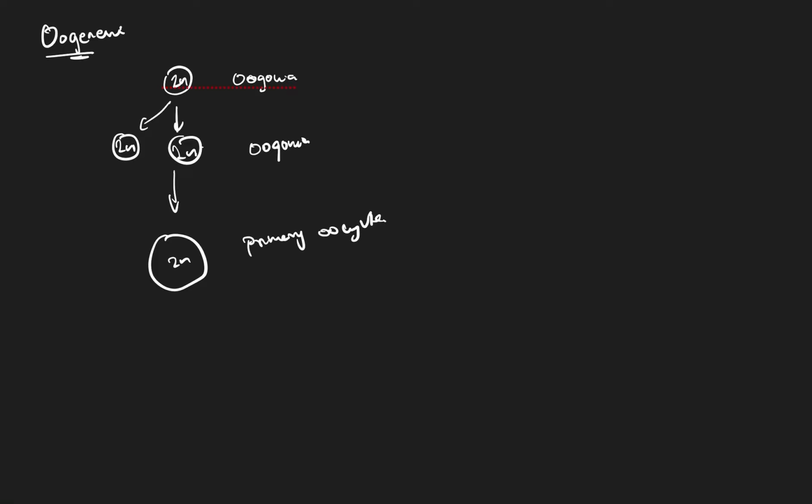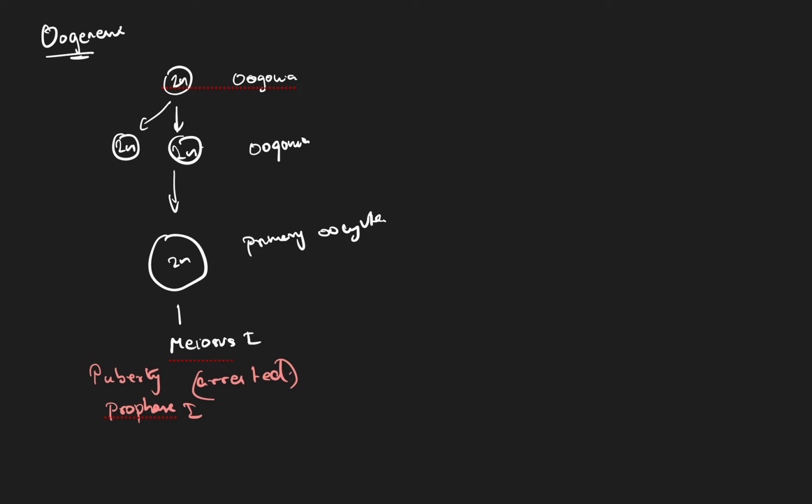And then this undergoes meiosis 1, and is arrested in prophase until puberty. Until puberty it is stuck here, okay, in prophase 1, until a woman achieves puberty.